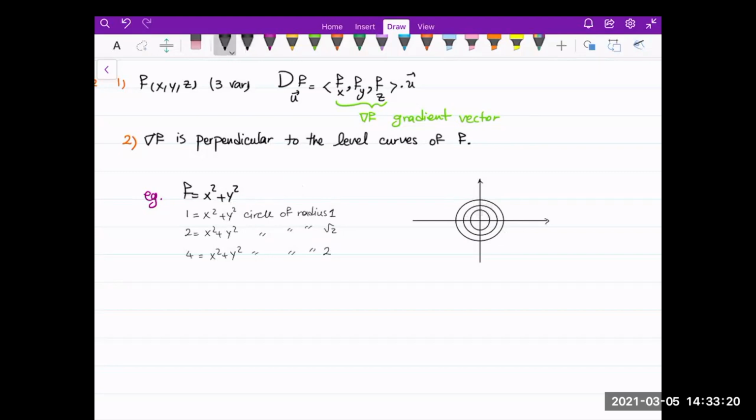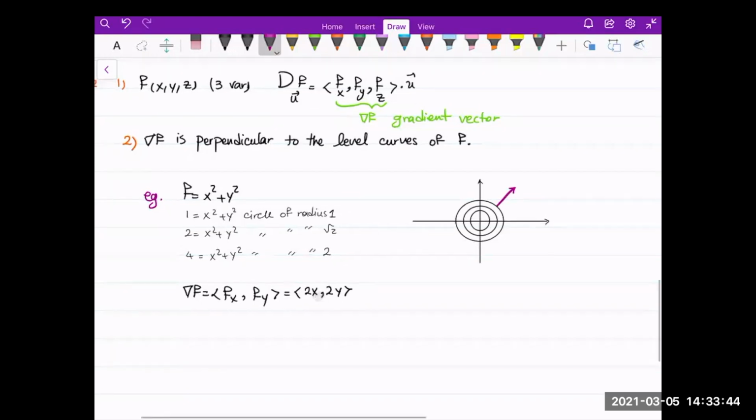So what is the gradient vector for this function? The gradient vector, which is fx and fy, is 2x and 2y, okay? For example, at the point (1, 1), the vector starting at this point is 2 in the direction of x and 2 in the direction of y, so it would be the vector (2, 2).